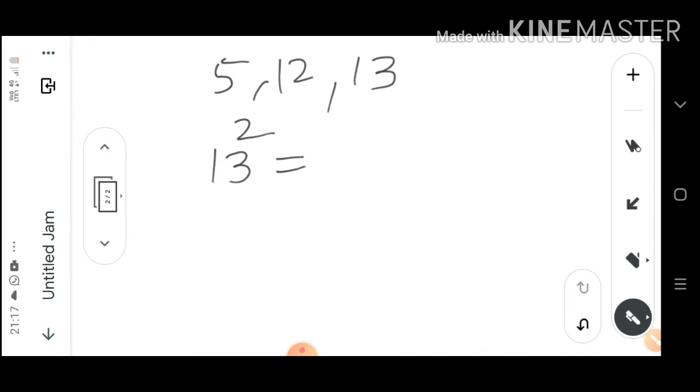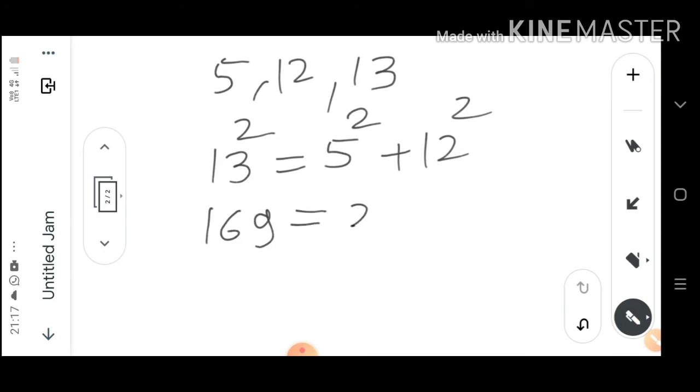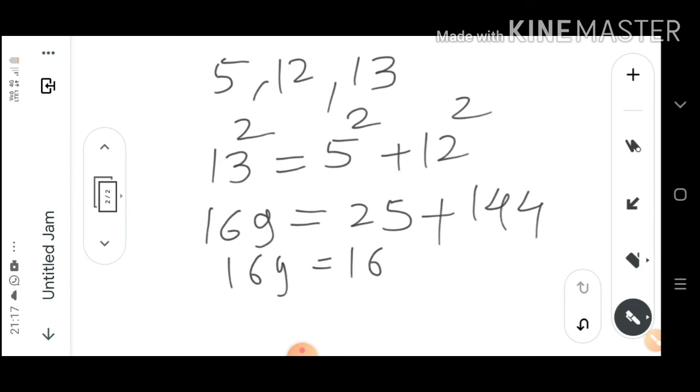So square of 13 versus square of 5 plus square of 12. 13 square is 169. What is the square of 5? Yes, 25. And what is the square of 12? Yes, it is 144. So 169 is equal to 169. That means these 3 numbers obey the rule of Pythagorean triplet. This is a Pythagorean triplet.